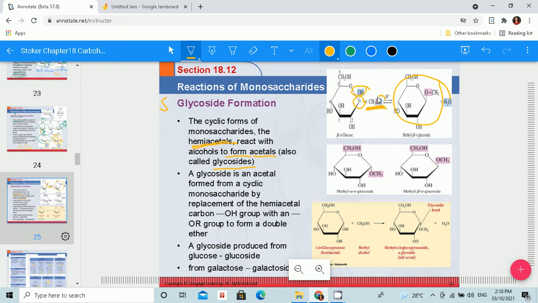So the OH, it's an alcohol because of OH, and then the OCH3 will replace the OH here, forming this one. You see this one? So this one is our glycoside.